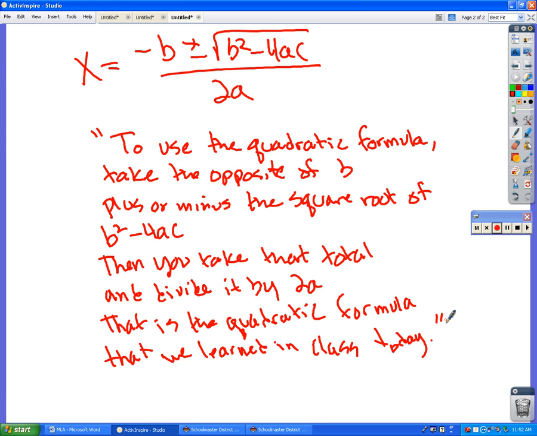Then you take that total and divide it by 2a. That is the quadratic formula. And this song is really annoying. Okay, so that is how you can remember the quadratic formula if you can't remember it on your own.